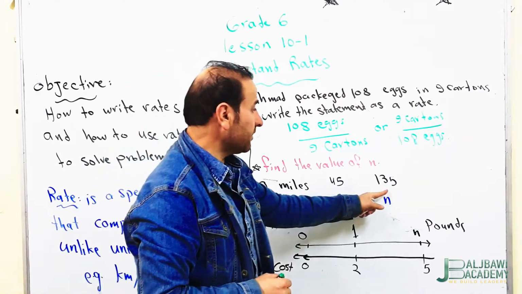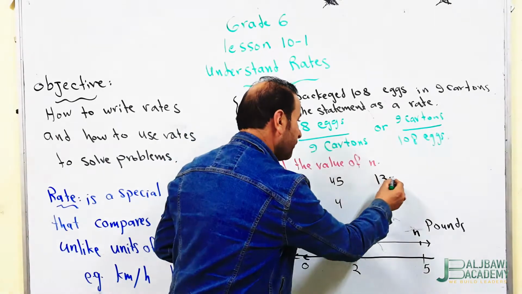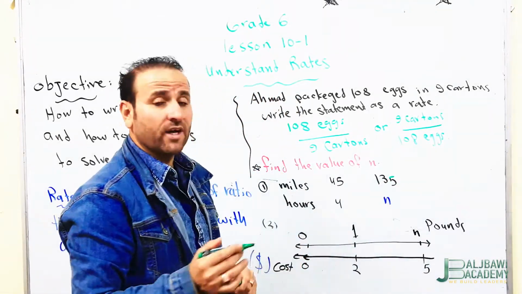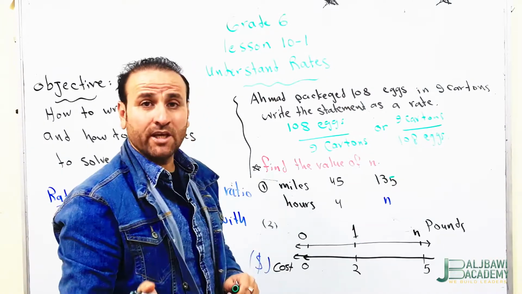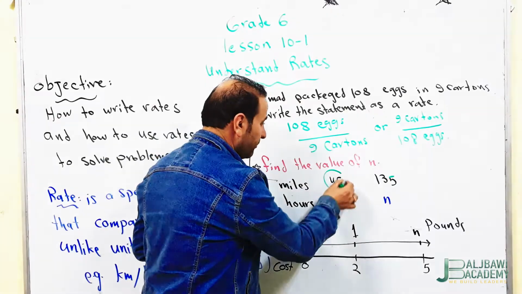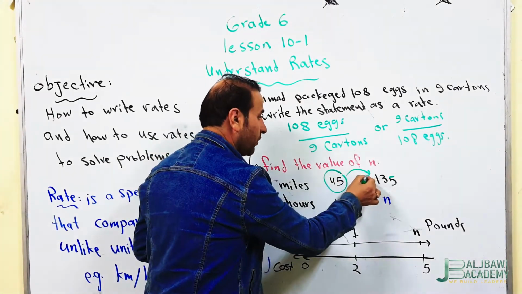In 135 miles, how many hours? Now I want to relate them. I want to find a way, either by multiplication or division or making a table. Now, what's the relationship between 45 and 135?